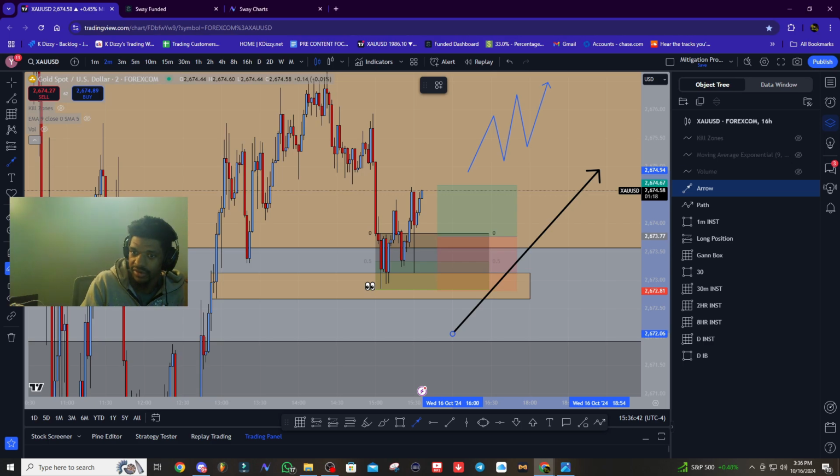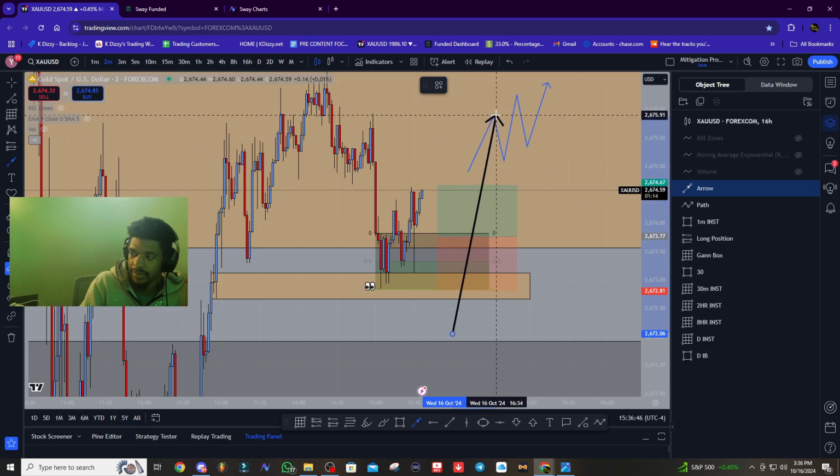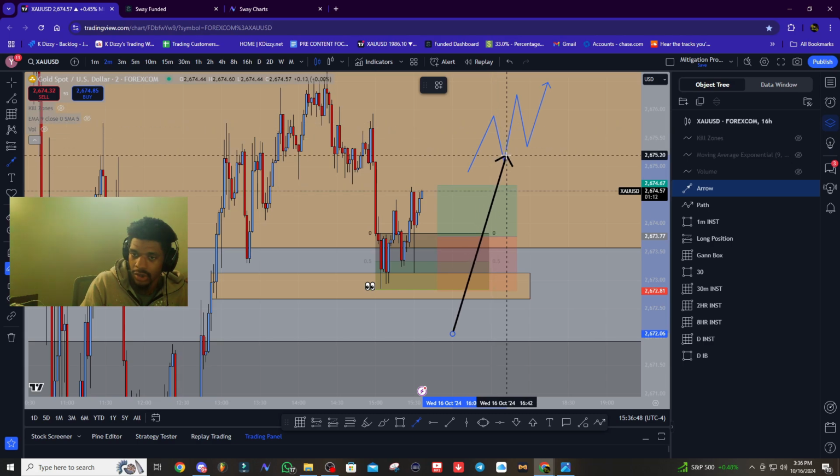But the market moves 3 ways, y'all. It moves up, diagonally up, diagonal down, or sideways. It will move sideways, so it'll kind of just be wide.